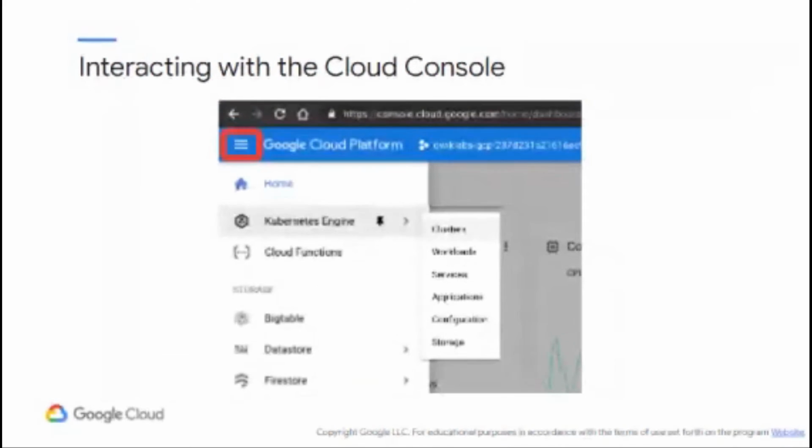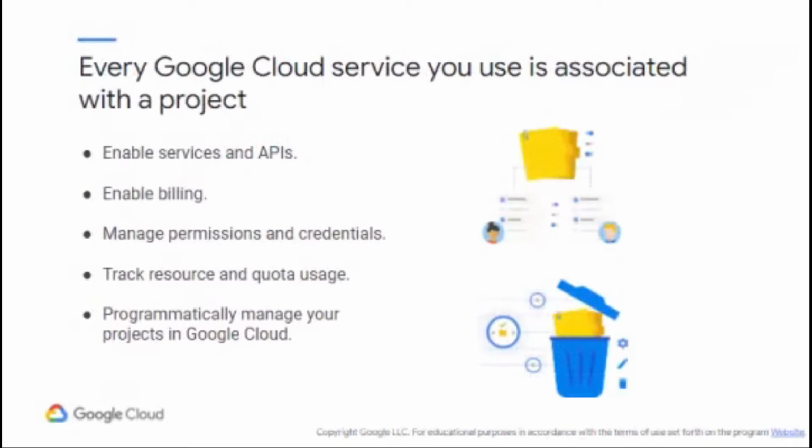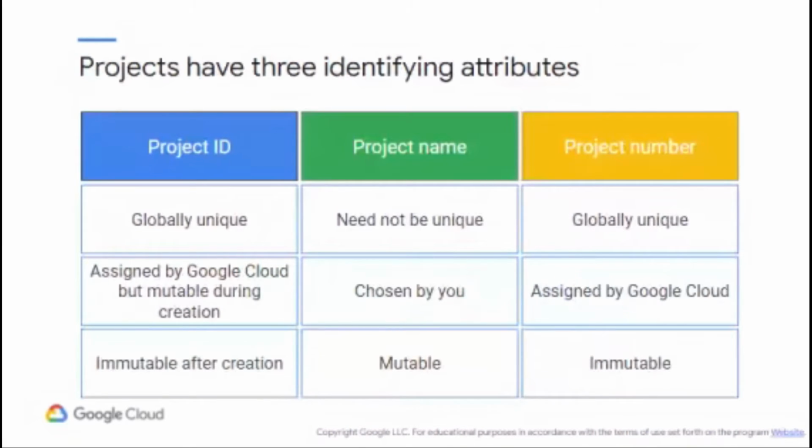So I just told you about this. And one more important thing is that whatever services are there in Google Cloud are associated with projects, and projects have some attributes: their name, number, and ID.